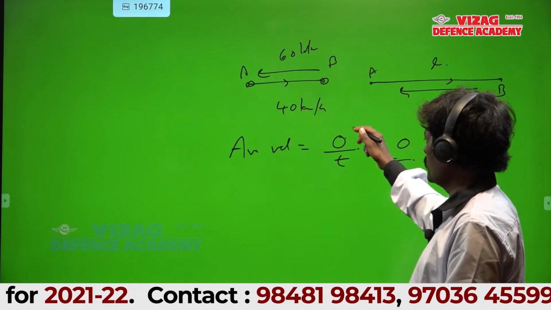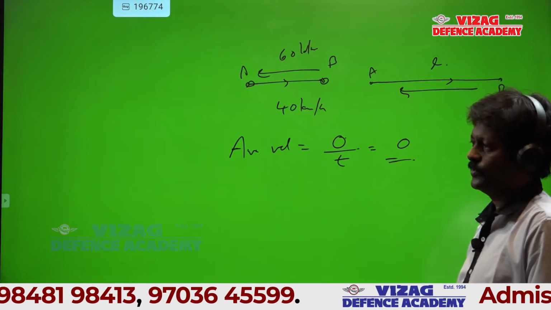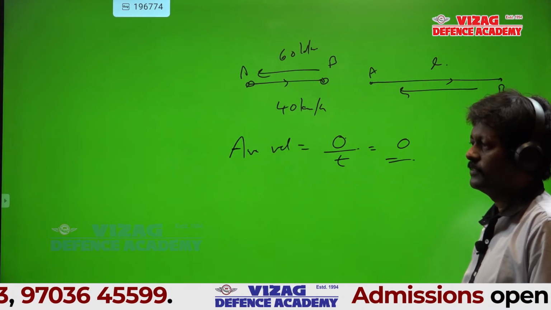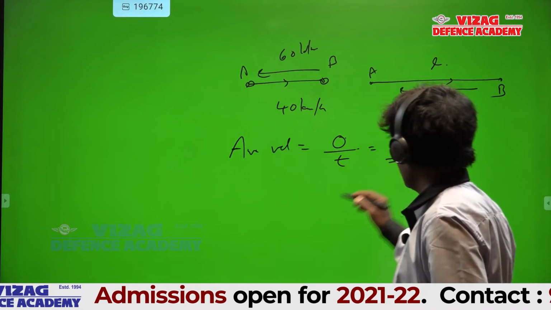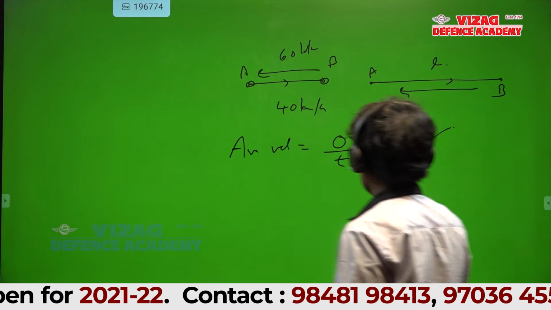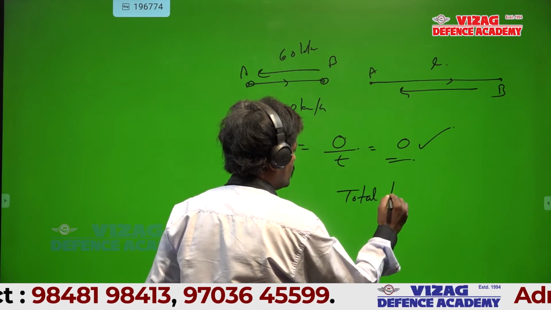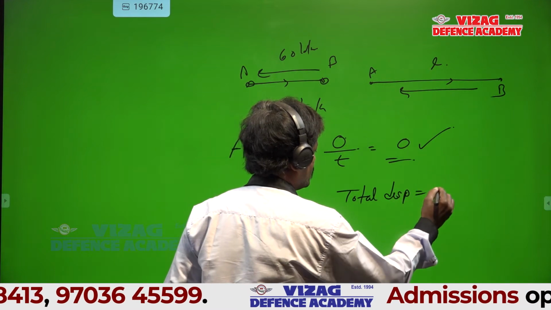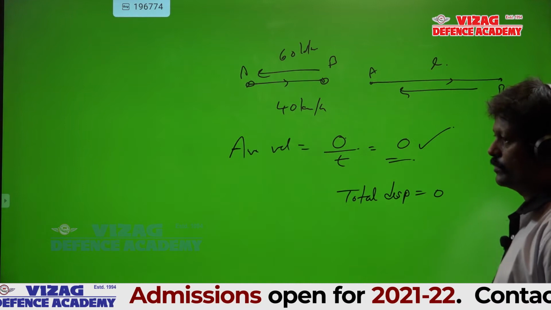Whatever it may be, 0 by something is 0. So average velocity is 0. Write down that point. The reason is that total displacement is 0.